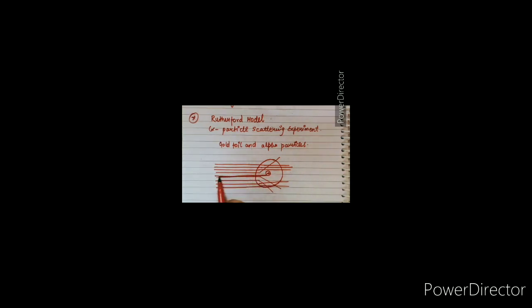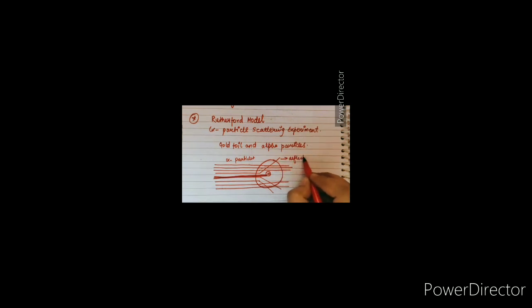In the first situation the alpha particles passed through the atom without any deflection, but these do not pass; they return from the same position in the 180 degree direction. These are the deflected alpha particles, and this is a representation of the Rutherford experiment.